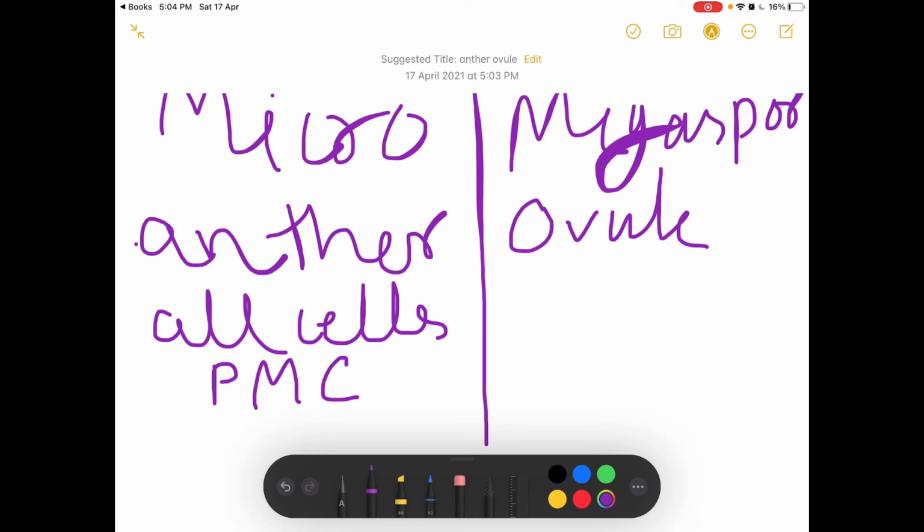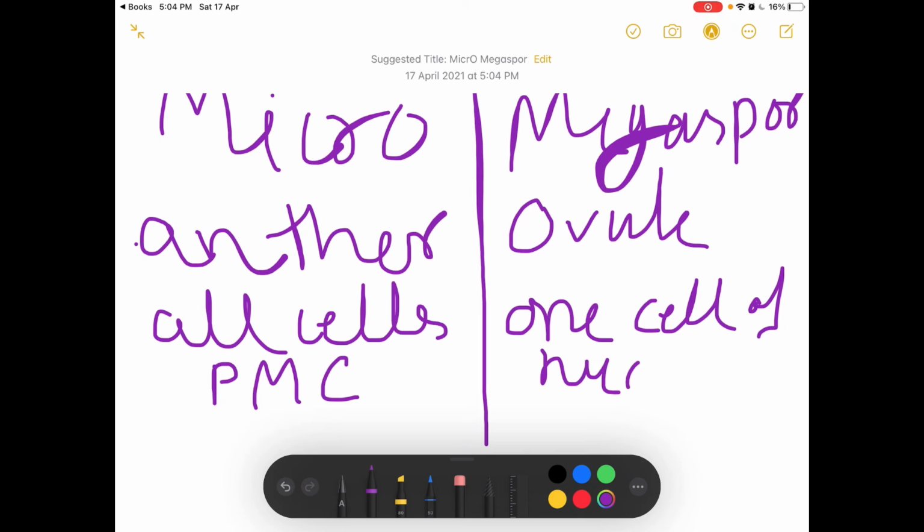But inside the ovule, one cell of nucellus will behave as megaspore mother cell. This is the most important distinction or difference.